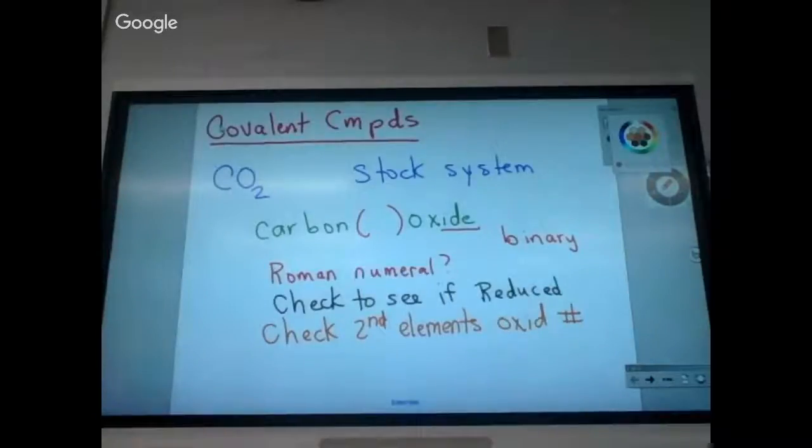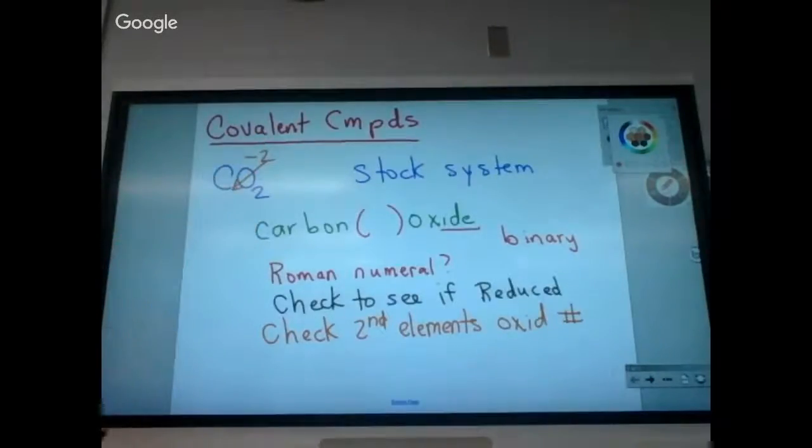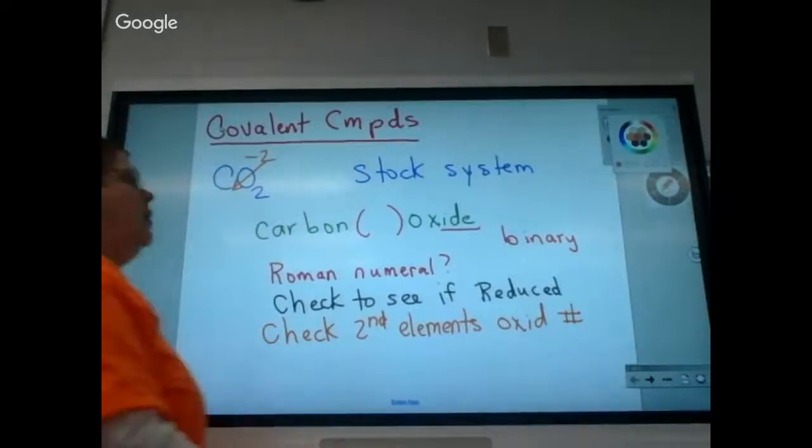All right? So, what is the second element in this compound? Oxygen. So, what is its oxidation number? It's -2. Okay? So, if oxygen is a -2, that -2 should be right there. Is that -2 right there? Nope. So, what happened to it? Reduced. It reduced. Okay?